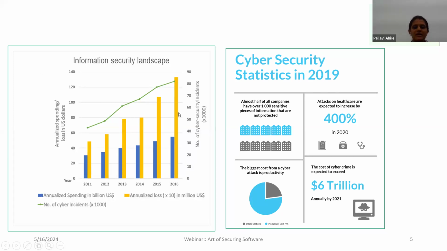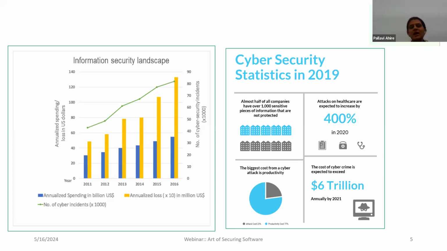If we go through the cybersecurity statistics, you can observe the graph which I have plotted here. Daily there is a loss of data, as you can see as we progress, and we are spending many US dollars to secure that data. Almost half of the companies have over 1,000 sensitive pieces of information which are not yet protected.